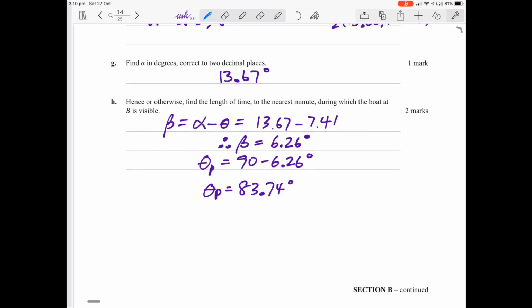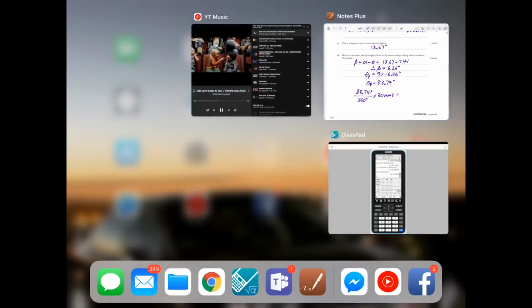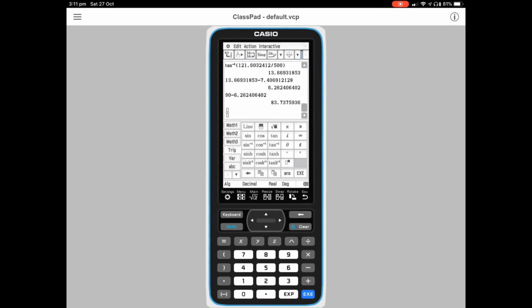Okay, so find the length of time. So that's 83.74 out of 360 degrees times 30 minutes. Hopefully this is right.